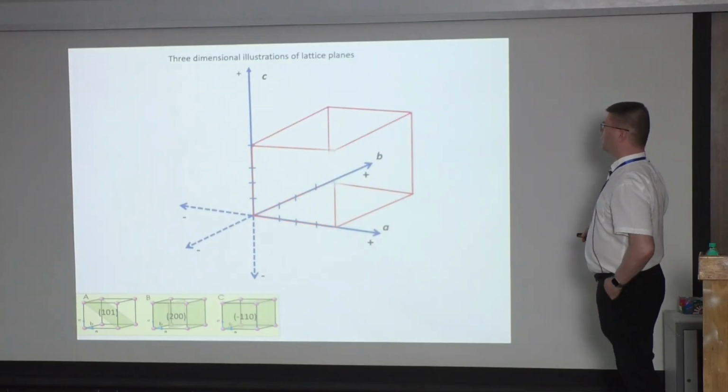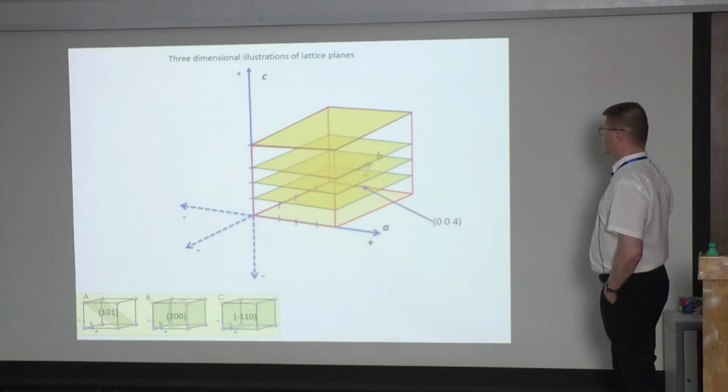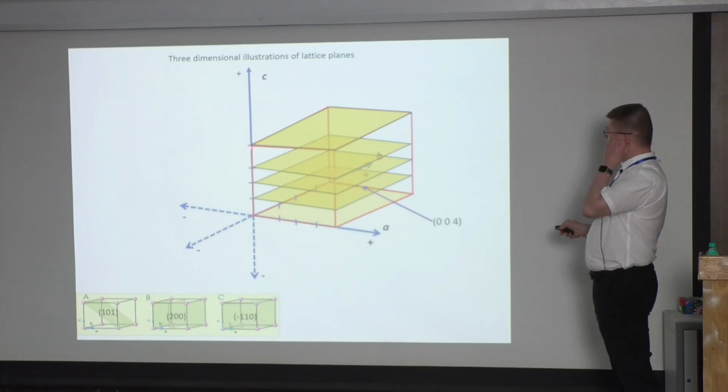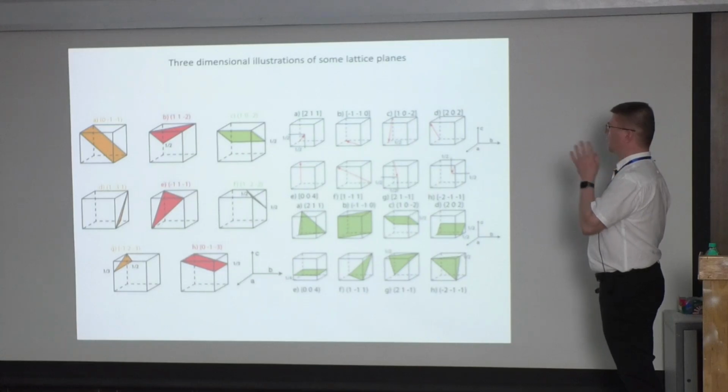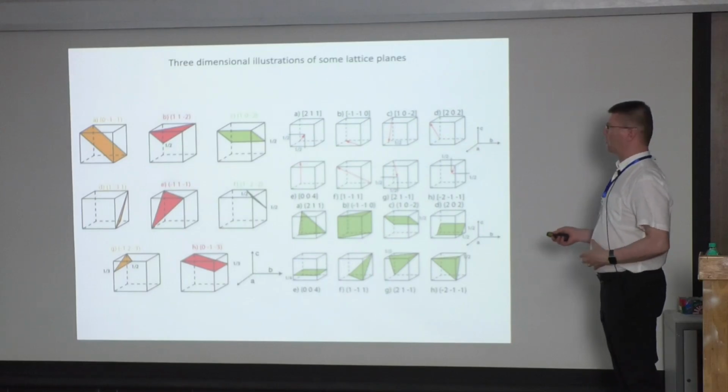Okay, let's see even more examples of these. Let's see what happens with this one now. And now this is 0, 0, 4 because it splits the z or c axis into 4 pieces. And now let's go quite quickly through these things. And you can see just the different variations of these things.